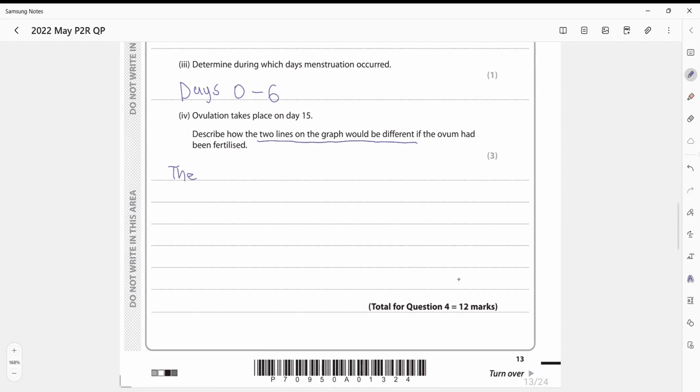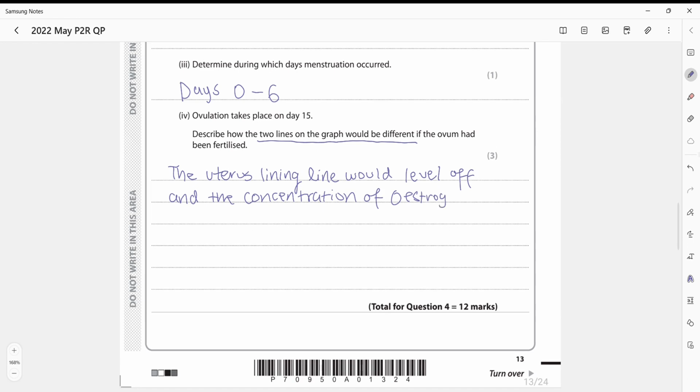The endometrium, or the uterus lining, would level off or would plateau. All right, question 4 is done.